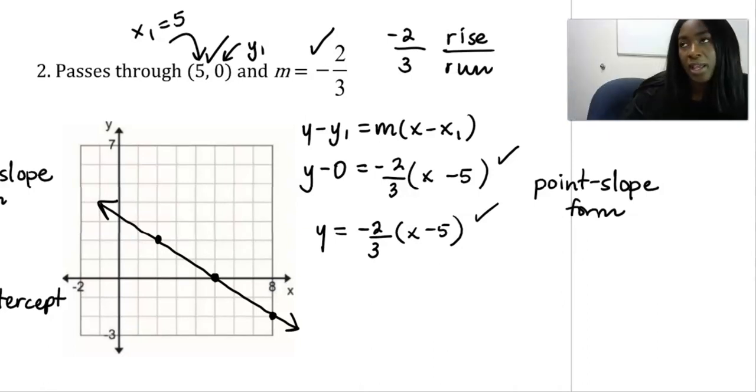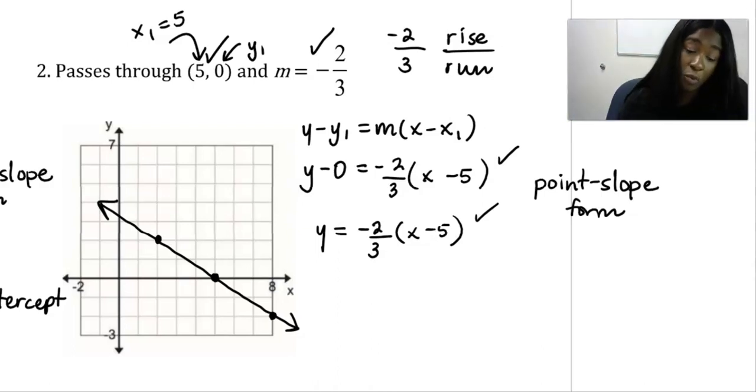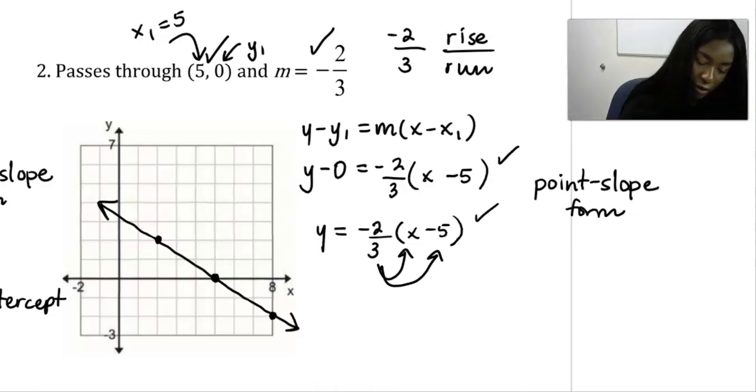To write this line in slope intercept form, that is the form y is equal to mx plus b, we need to have the equation solved for y. The equation is already pretty much solved for y. The only thing I'm going to do is distribute this -2/3 right here, because as is, this is not slope intercept form.